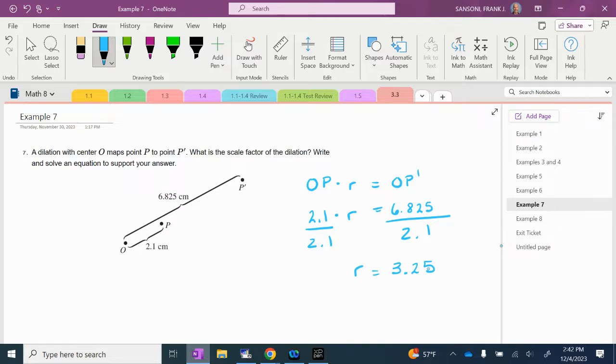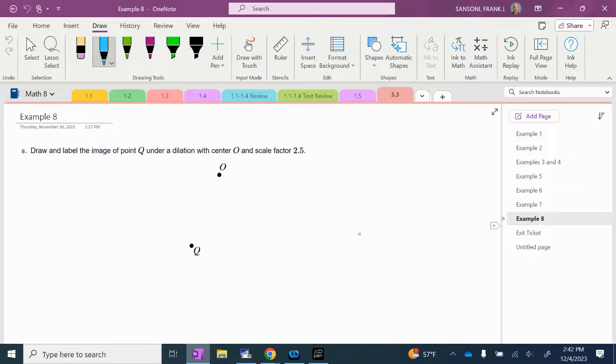So our last problem. It says we're going to draw and label the image of point Q under a dilation with center O, and I want the scale factor to be 2.5. So what's this distance right here? 3.2? I think 3.2 sounded right. So if I want to have a scale factor of 2.5, and I know the original is 3.2, and it tells me my scale factor, let's do this.